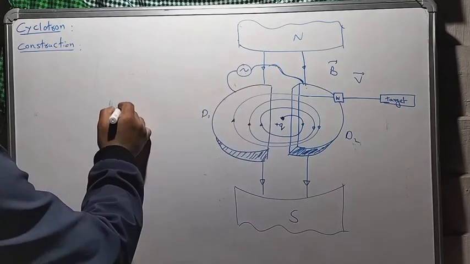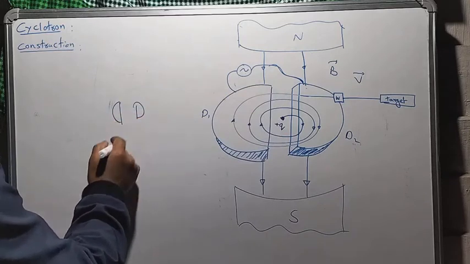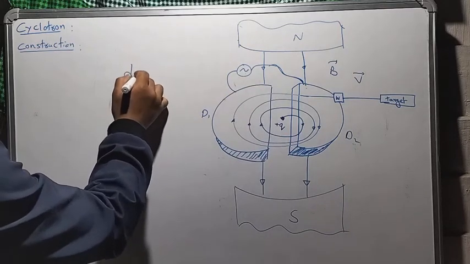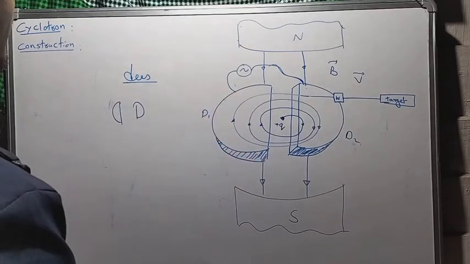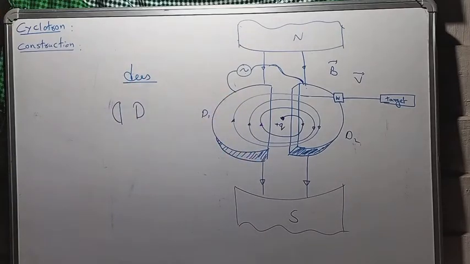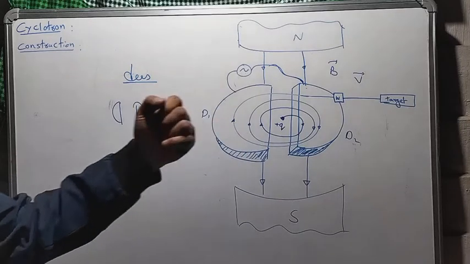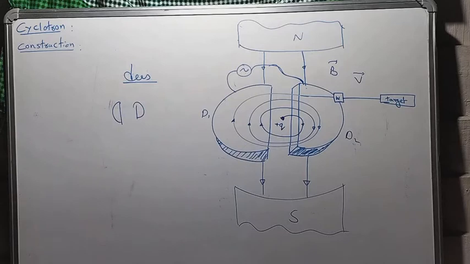This is like a D structure, so we call them Ds. These are the two hollow metallic Ds, and these two Ds are mounted in a vacuum chamber between the pole pieces of a magnet.